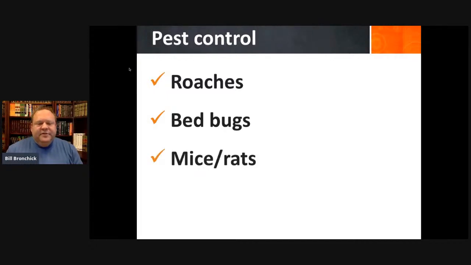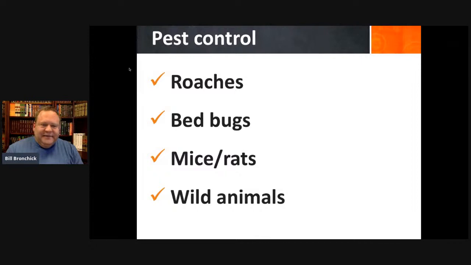Mice and rats, same thing. Those could be habitability issues. Wild animals, well, there's not much you can do about that. Raccoons, cougars, bobcats, bears in the garbage. All you got to do is disclose, because you can't control wild animals that are outside your unit. The key is disclosure there.